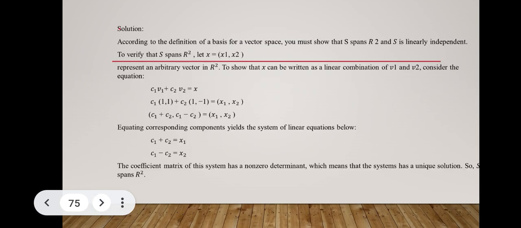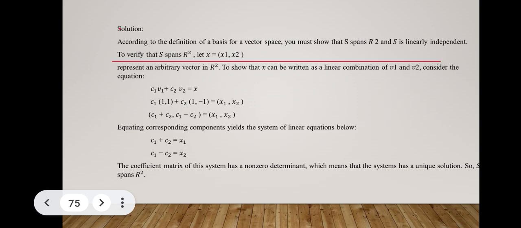So the solution is this. According to the definition of a basis of a vector space, we must show that S spans R squared, and obviously, that S is linearly independent. To verify that S spans R squared, let x equal (x sub 1, x sub 2), an arbitrary vector in R squared.